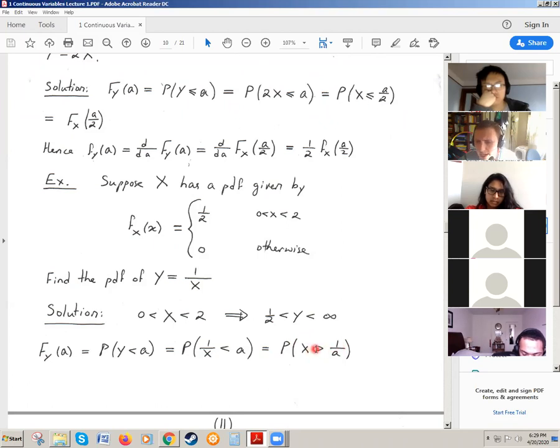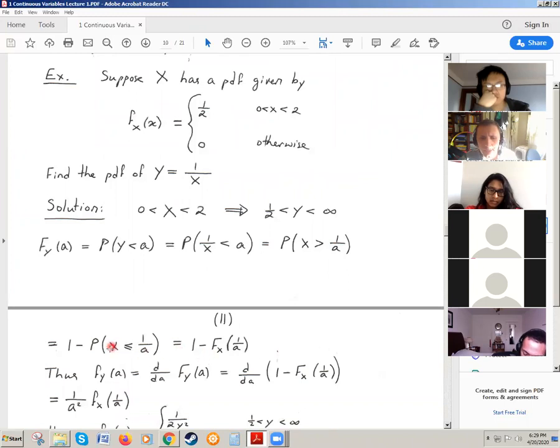But because we have probabilities, this equals 1 minus the probability that x is less than or equal to A. By the way, for continuous random variables, you can always be free about saying less than or equal to a number or less than a number strictly, because the probability of getting exactly the number is always 0. So it's 1 minus the probability that x is less than or equal to 1 over A, which is 1 minus the cumulative distribution for x at 1 over A.